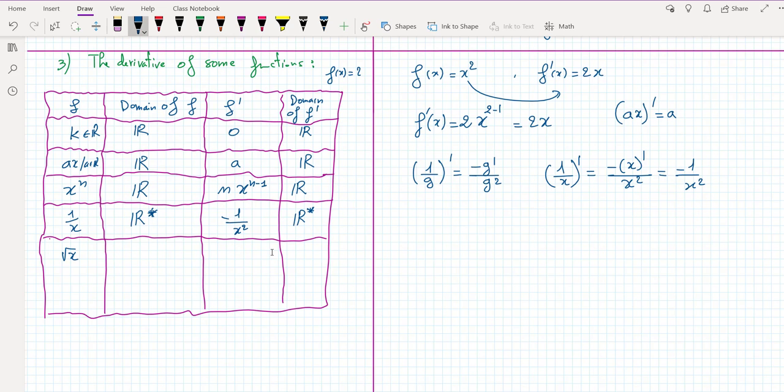Derivative of root x. Root x is defined on R plus. Its derivative, as in the previous example, is 1 over 2 root x, whose domain of definition is R plus star. Derivative of sine x: the domain is R, and its derivative is cosine x.